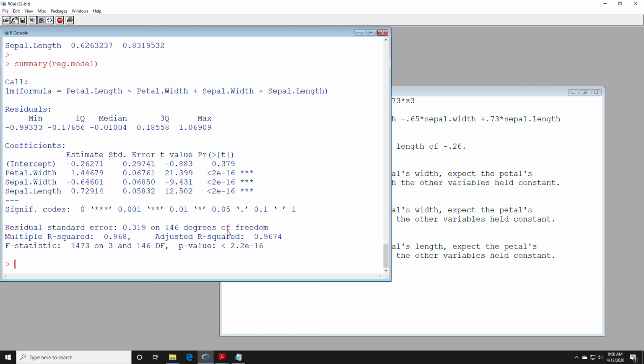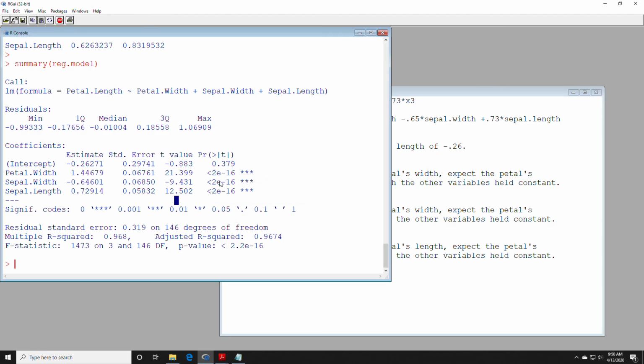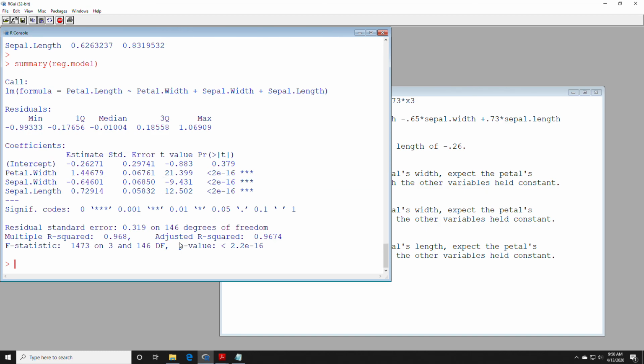From this output, you have to do a partial F test if you wanted to kick two out for high p-values. But if all three have high p-values, you can look down here to determine if you can kick everything out of the model.